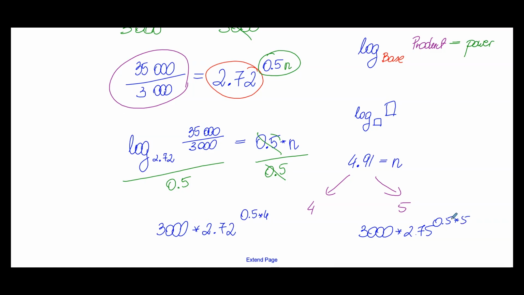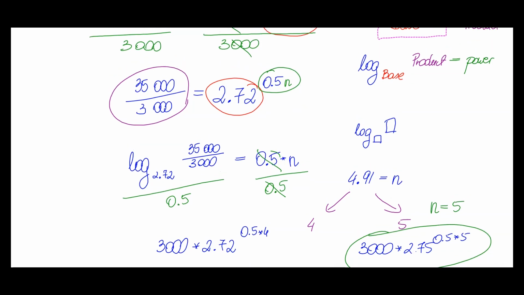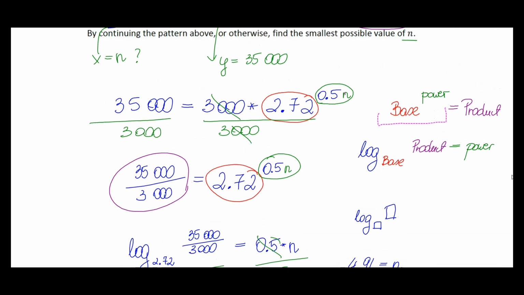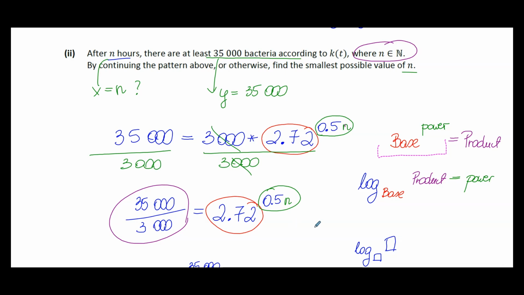And then I can clearly see that this is the one that has more than 35,000 bacteria. This one has less. So I know my value of n is 5. Yes, that is difficult if you have never done that before. However, once you get the hang of it, it's actually not that bad.